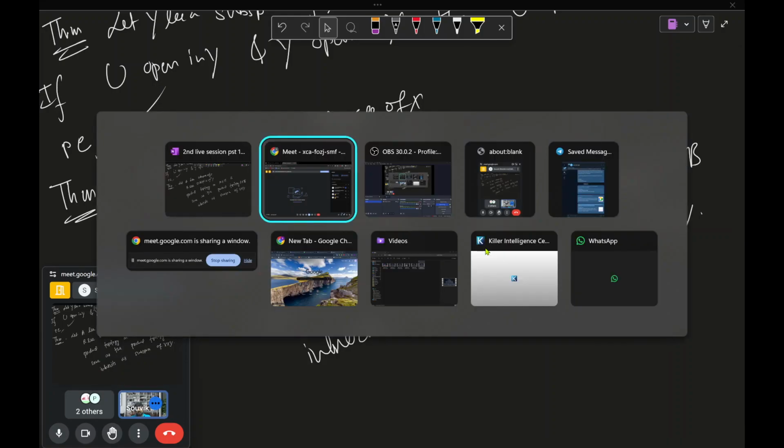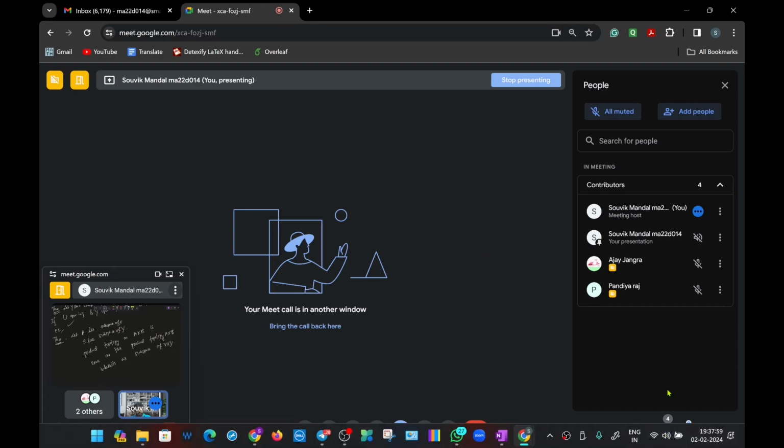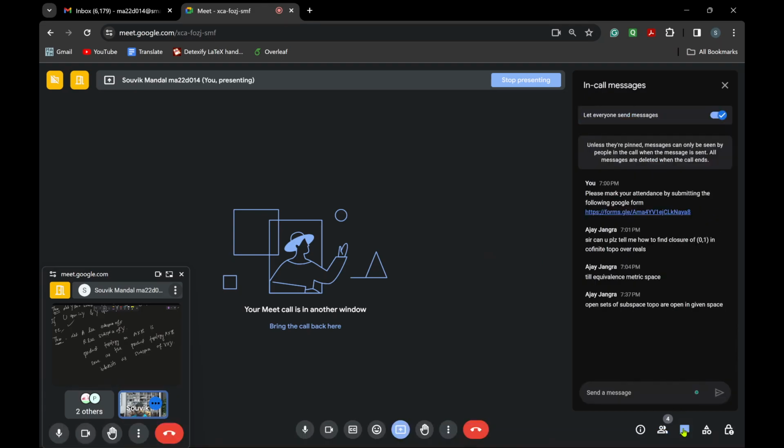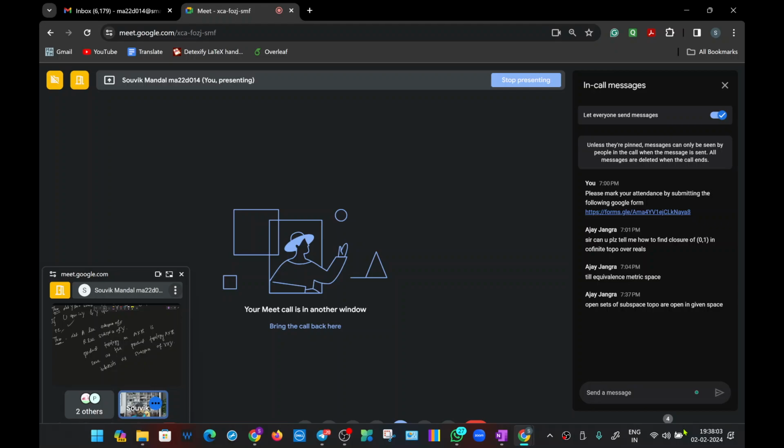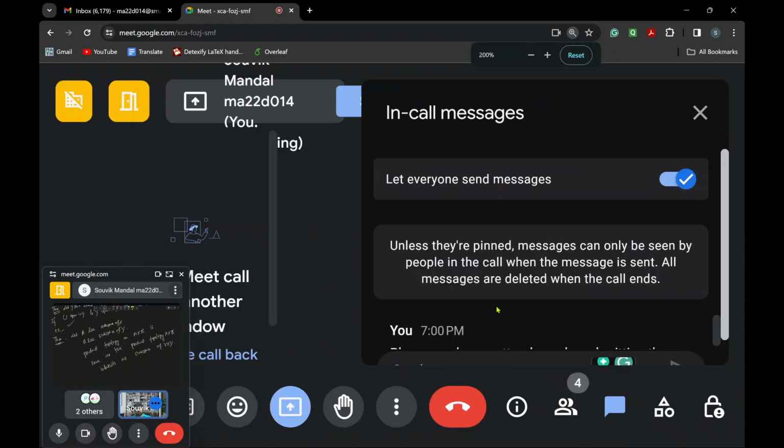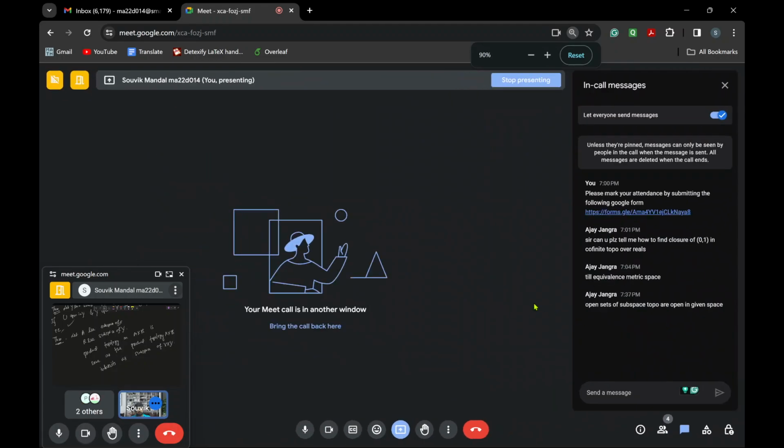Okay, so what's in the chat here? Open sets of the subspace topology are open in the given space.